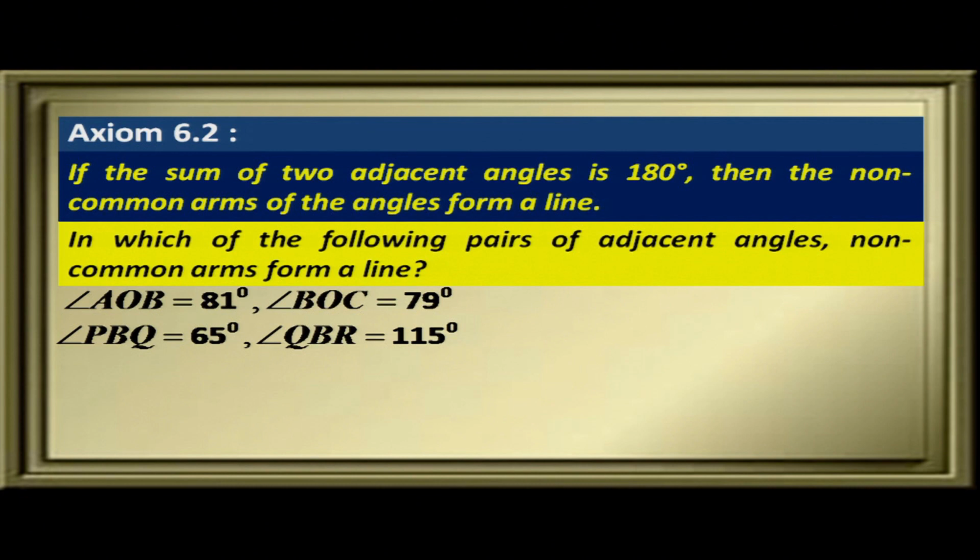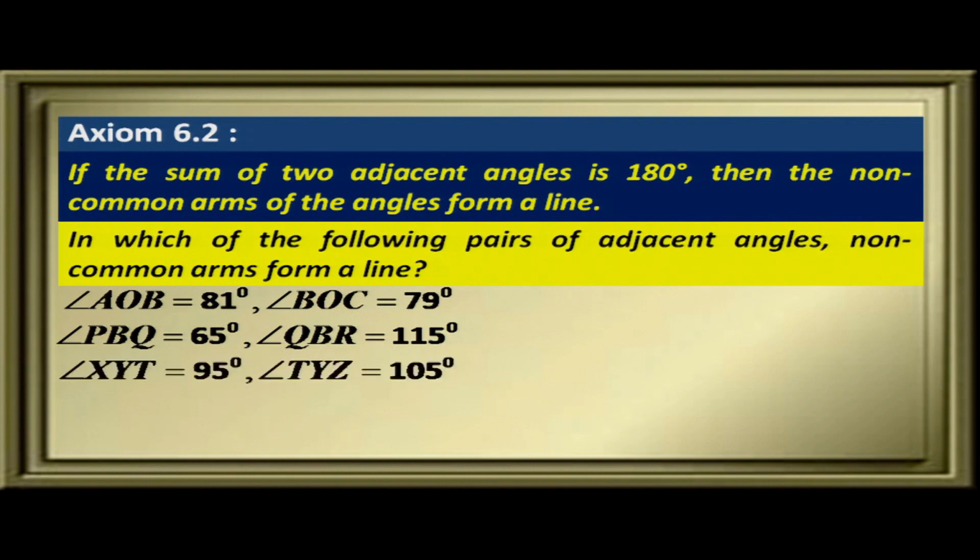Angle PBQ is equal to 65 degree and angle QBR is equal to 115 degree. In this case, the sum is 180 degree. So, the non-common arms will lie on the same line or will form a line.